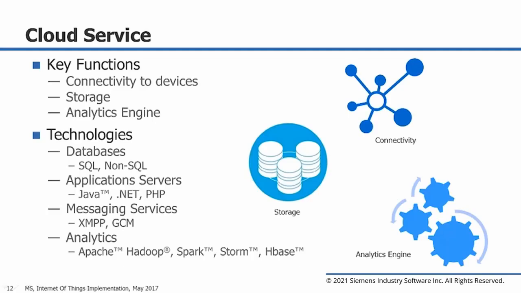So why do we need cloud service as part of an IoT system implementation? There are multiple reasons for that. First is to act as a hub or aggregator of the data received from all the devices. IoT can scale to millions of devices or more, so the cloud service provides a common point to ingest all the data and scale the network. The second use is to provide storage for the huge amount of data that is generated by the devices.